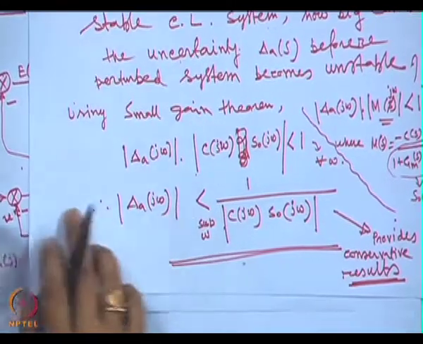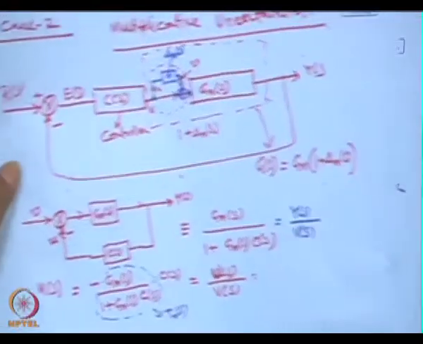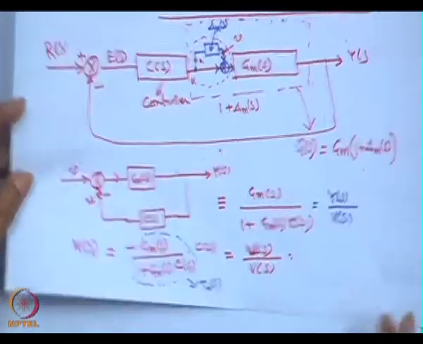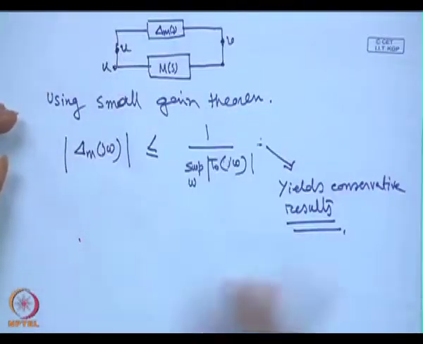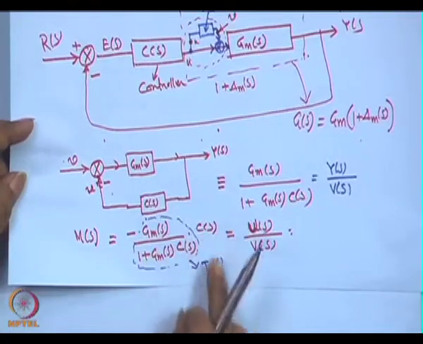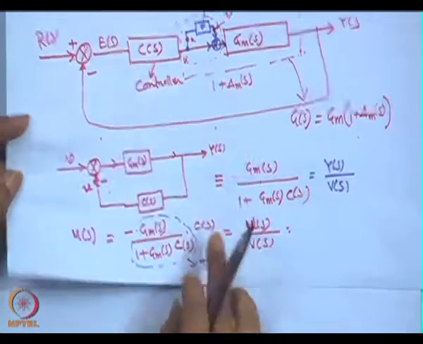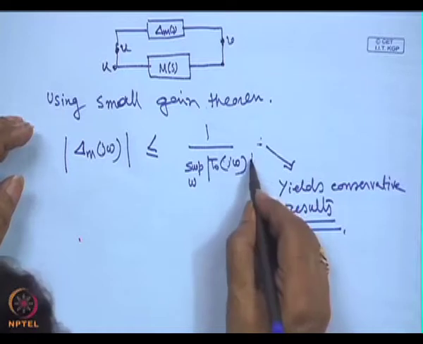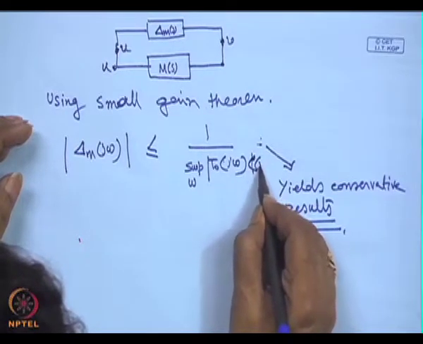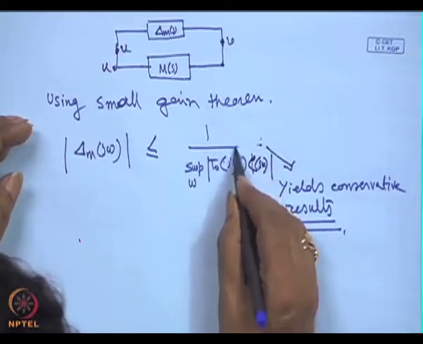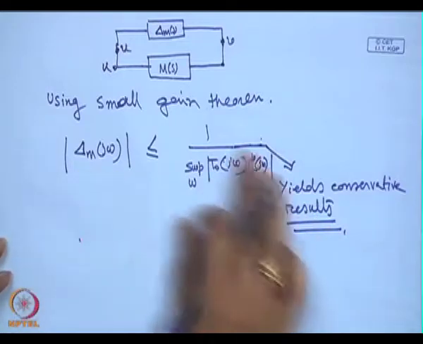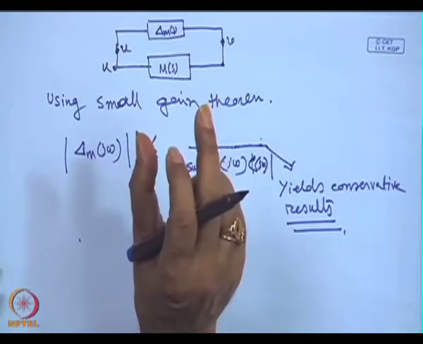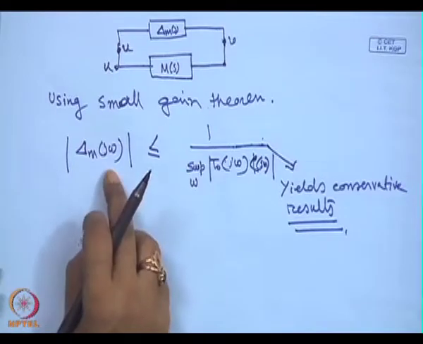We have to find out the additive perturbation model. Similarly, here you see this is T 0 of s, C s. I have just missed C of j omega here. So, this one will give you the maximum multiplicative perturbation.